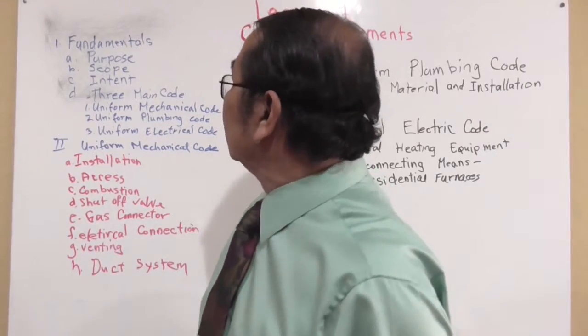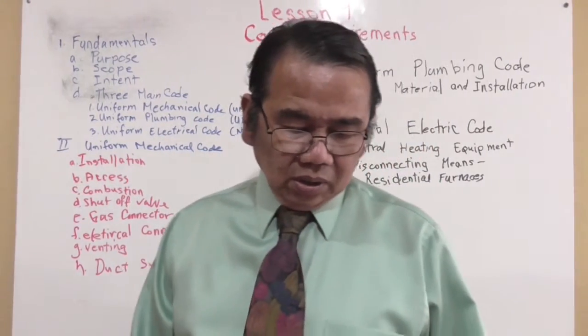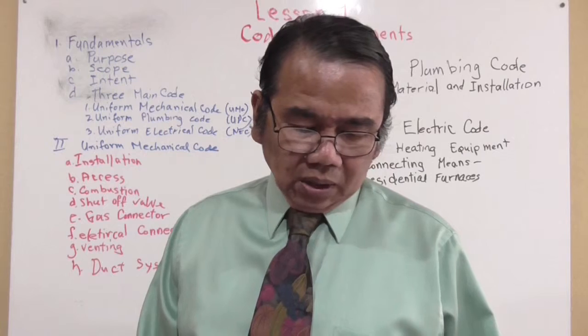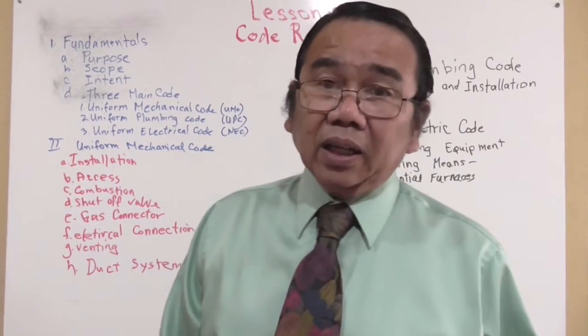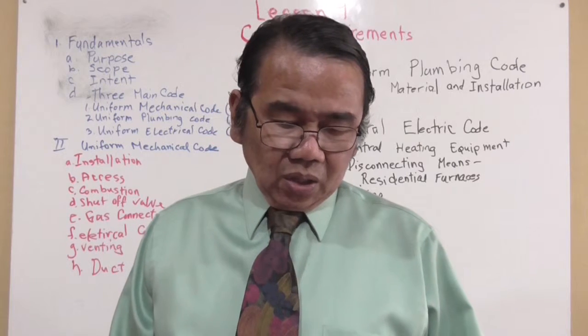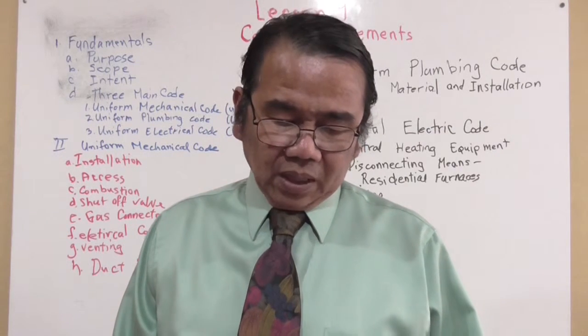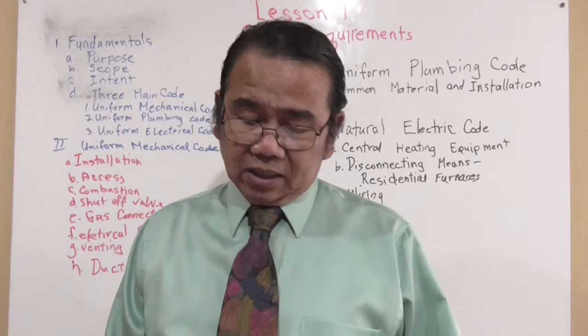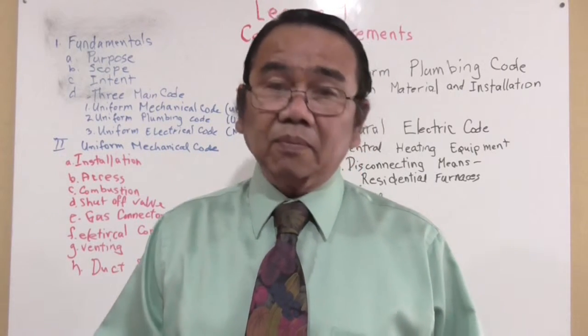The intent of the code. The intent of the code is that the codes addressed here are not necessarily direct codes, okay? The intent of the code has been maintained.